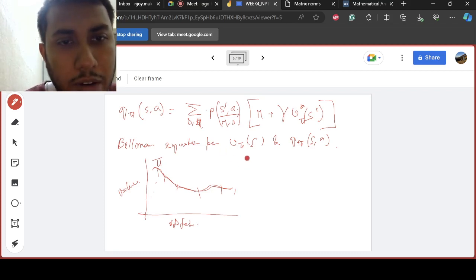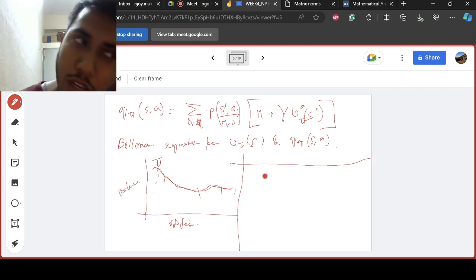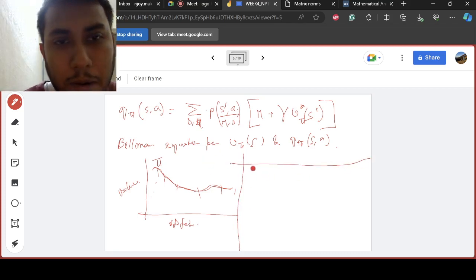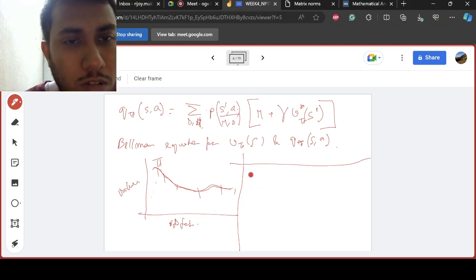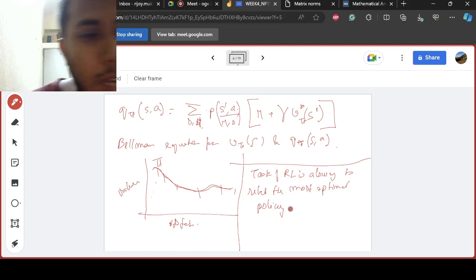Now our task, if you remember our bandit problems, the task of RL is always to select the most optimal policy. So what do you mean by an optimal policy?